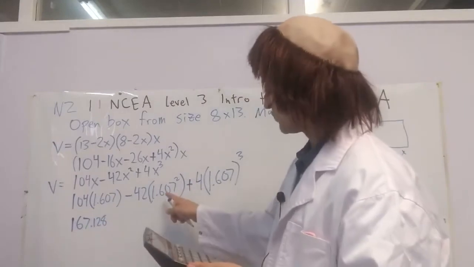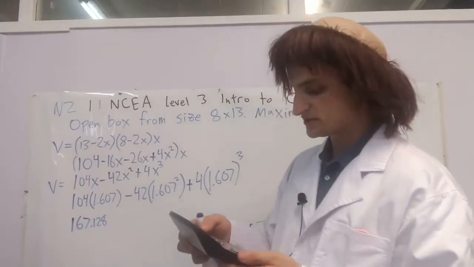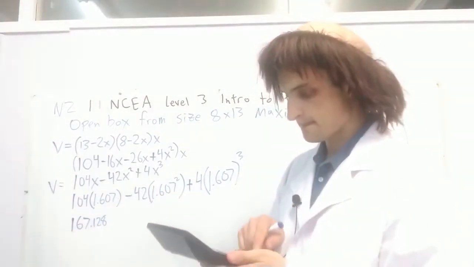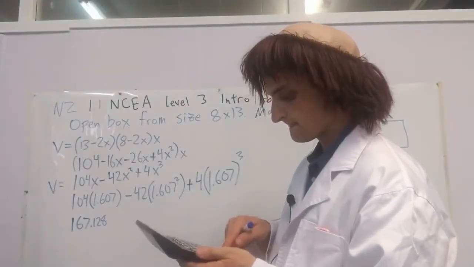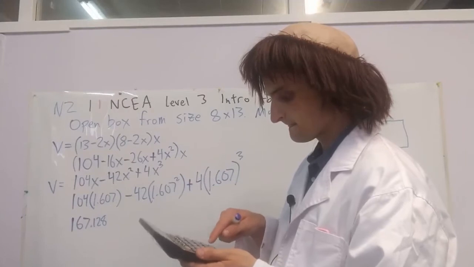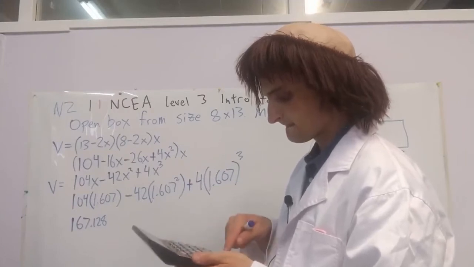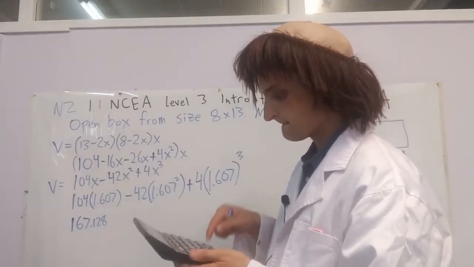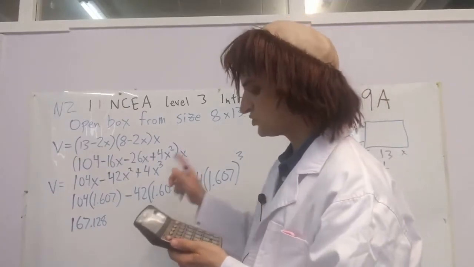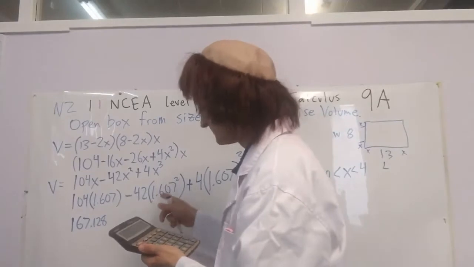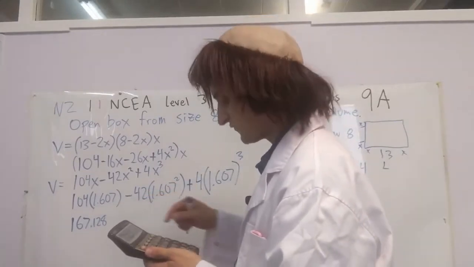Then we look at this, 1.607 squared. This is 2.582, and we'll multiply that by 42.